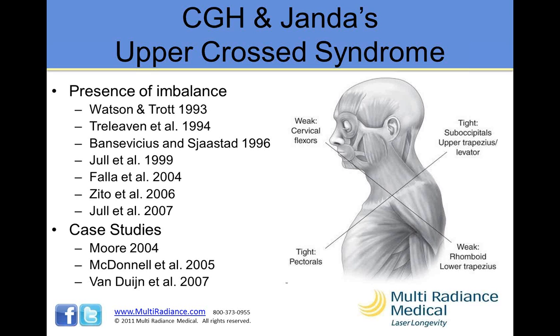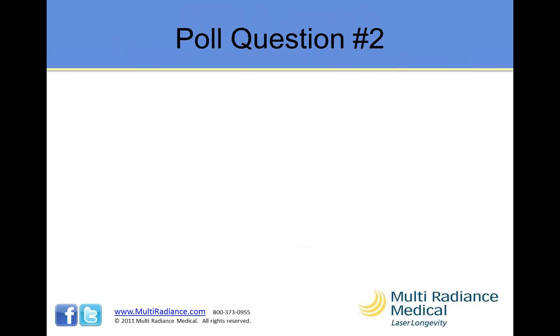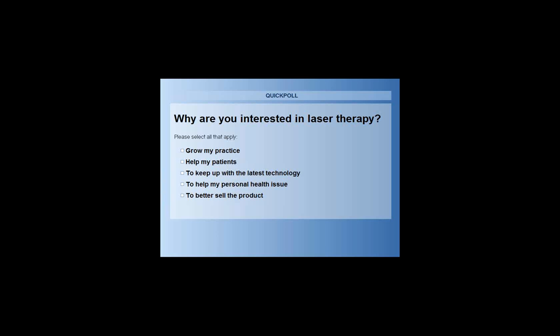So in the literature, there are several studies that looked at, if you will, the epidemiology of this presence of imbalance. And there are also several case studies that describe how Janda's upper cross syndrome is present in cervicogenic headaches. So with that, we'll lead to our second poll question.